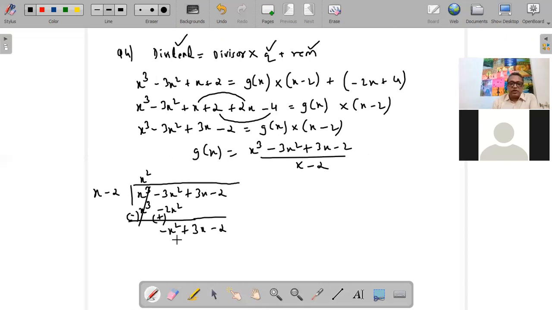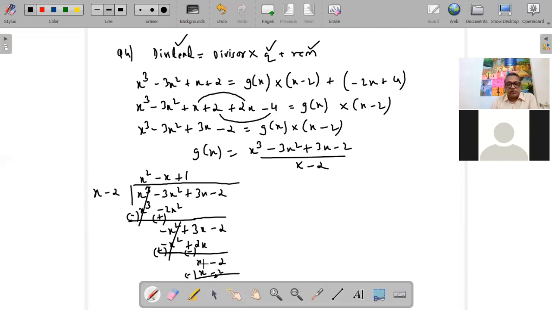Now x will go minus x times. x into minus x is minus x square, and minus 2 into minus x gives plus 2x. Change the signs. x square cancels, and 3x minus 2x gives x, minus 2. Now x will go once: plus 1 times, minus 2 into 1 is minus 2.